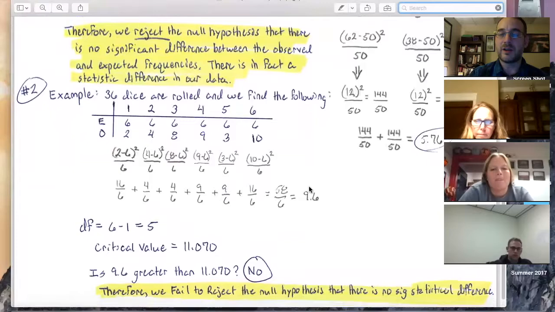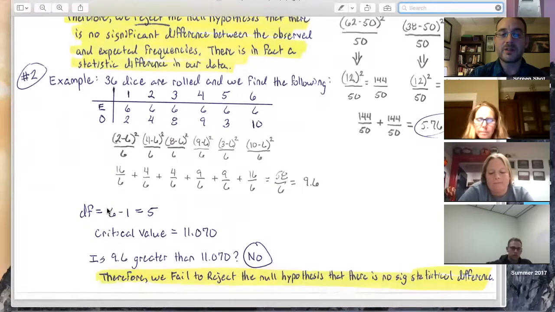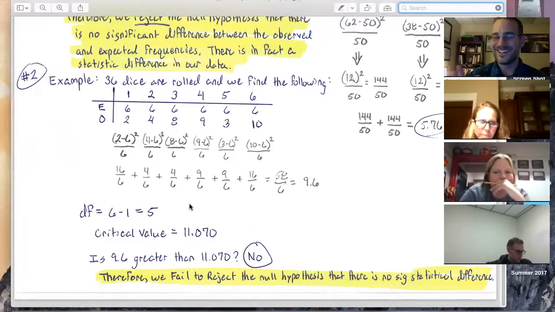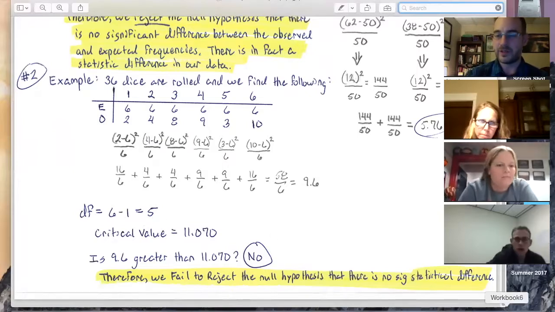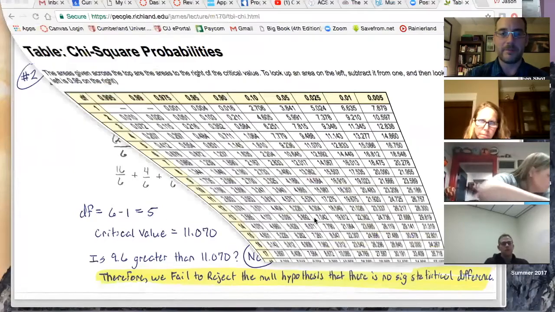Now let's determine our degrees of freedom. How many categories do we have minus 1? So in this case, it's 6 minus 1. Let's double check my work and see if I came up with the correct critical value here from a chi-square table. So our degrees of freedom is 5. We all on the same page there? All right, so we should have 5 degrees of freedom, and we're going to set alpha at 0.05 if we didn't already establish that.